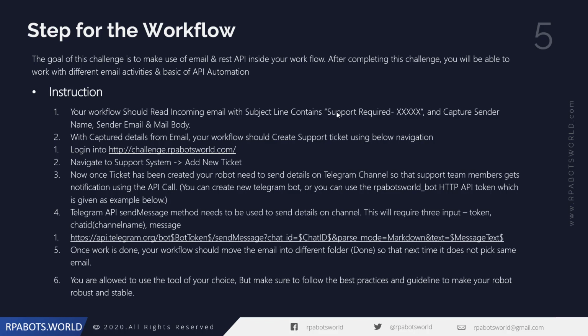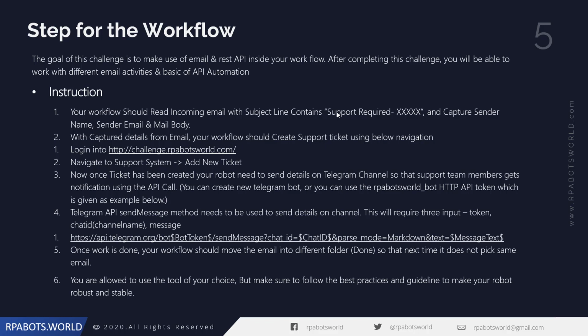Just to say it again, the Telegram API send message method needs three inputs. The first is the token, which you get when you create your new bot, or you can use mine. The second is the chat ID, which is nothing but a channel name, and the third is the message that you need to send to the agent. How the API link or API endpoint would be constructed is also given below.